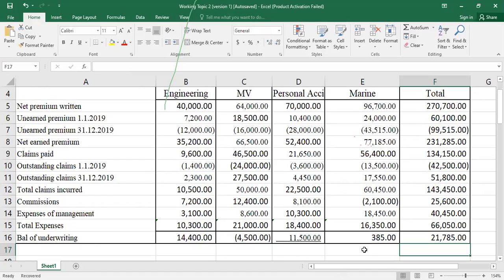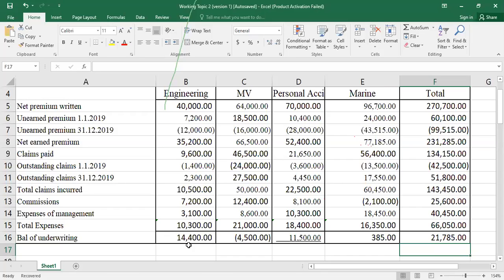Which totals are you adding? We are adding the totals for the balance of underwriting. You cannot add the other totals. Looking at the 14,400, these are our profits and losses, isn't it? To know the net profit or loss, we'll add the 14,400 minus 4,500 plus 11,500 plus 385. Okay.